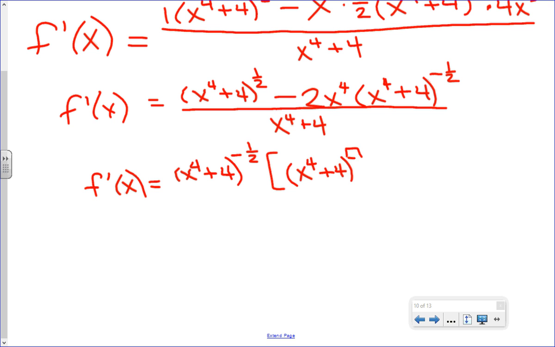So if we were going to work backwards, if we were to multiply these two together, we would add these two powers to get back to 1/2. Okay. And then over here we would have 2x to the fourth, and then this is what we factored out.